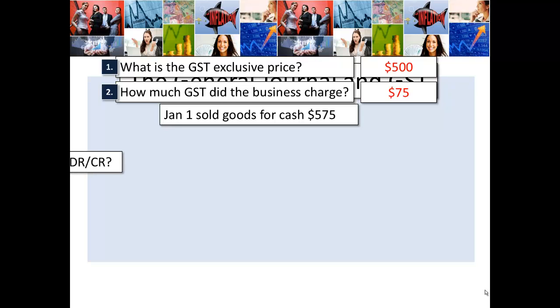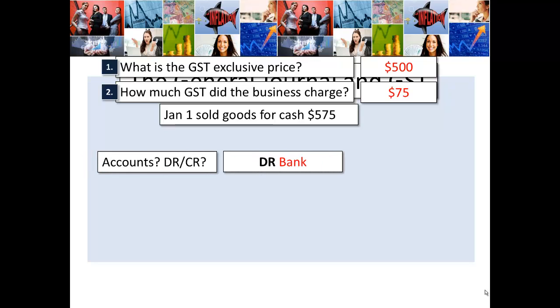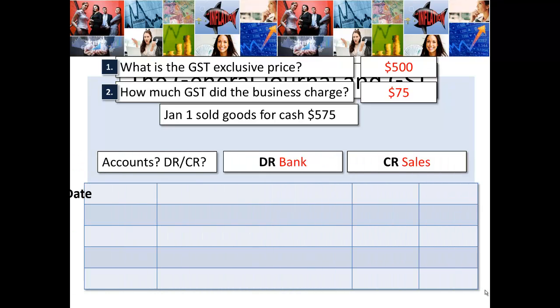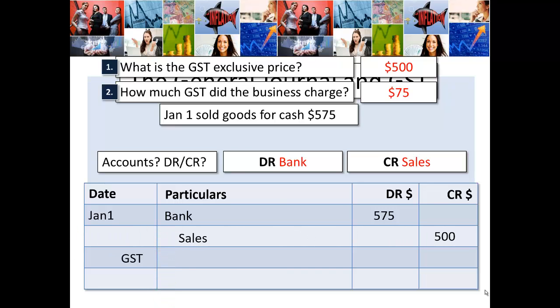Right, here we go. The accounts, and of course whether we're going to debit or credit. We sold goods, so our bank's going up, bank being an asset, and we're going to credit sales, income going up. So here we are, January the 1st. We have got our transactions here.